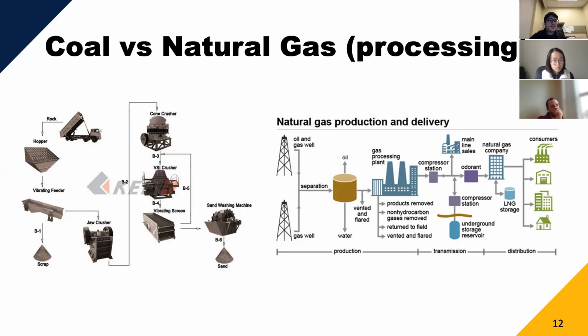For natural gas, essentially what you want to do is just filter out any of the impurities. The type of processing is obviously going to be very different from coal. You're going to be getting natural gas either from oil and gas wells, or specifically gas wells.